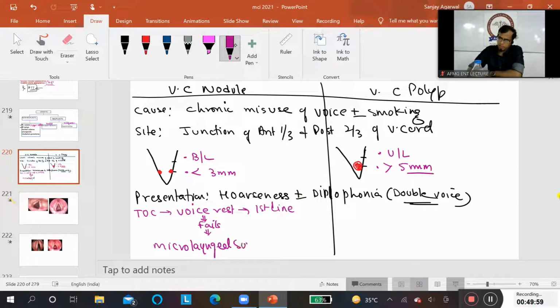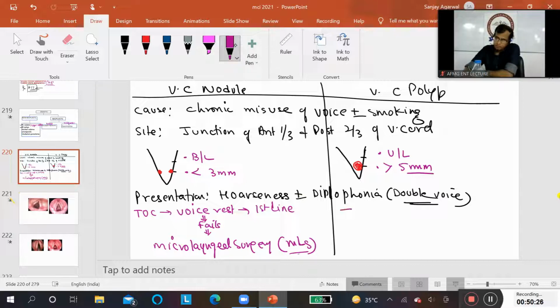Microlaryngeal surgery, called MLS in short. But that's the second line of treatment. Surgery is not done initially. And from the name you understand, you have to use a microscope to do this surgery.